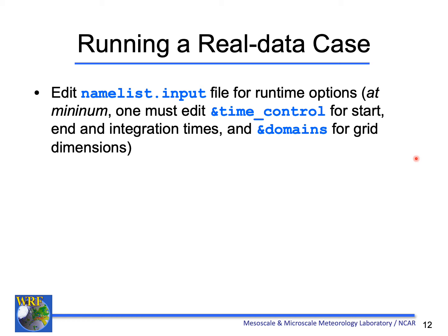We may also need to change the input data information, such as input data frequency, as well as the number of vertical levels in the input data. For example, the GFS data today has more vertical levels than data just a few years ago. Then we can run the program real.exe to produce initial and boundary conditions.